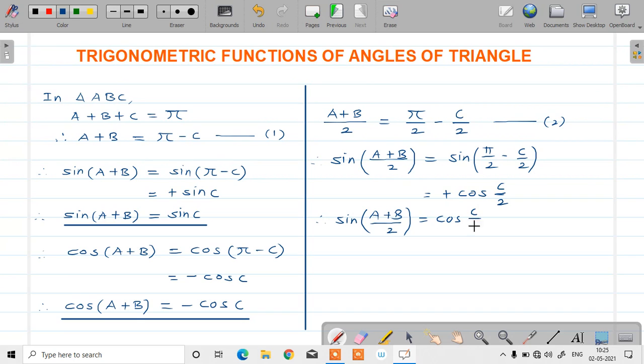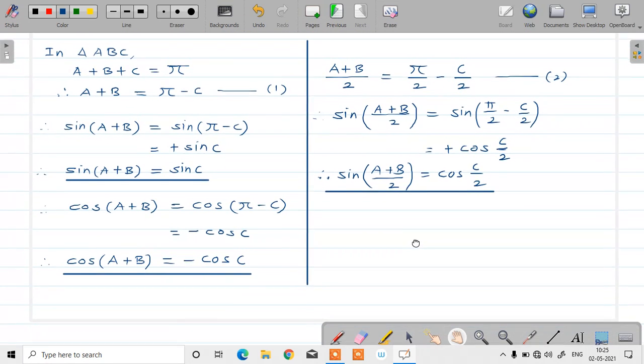So this is the formula related to a triangle. Okay. So remember this, and it is useful for half angles. Cos(c by 2) is a half angle, or (a plus b) upon 2 is also a half angle. So whenever you want to use it for a triangle, then you can convert sin((a plus b) upon 2) as cos(c by 2). So this is the use of this formula.